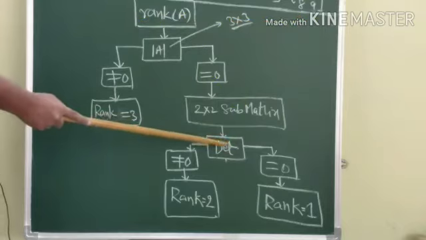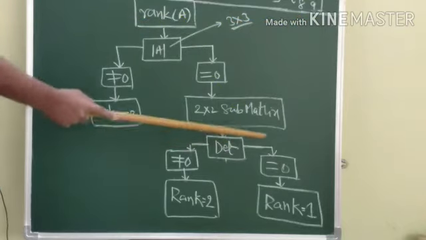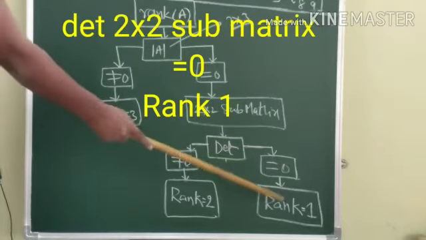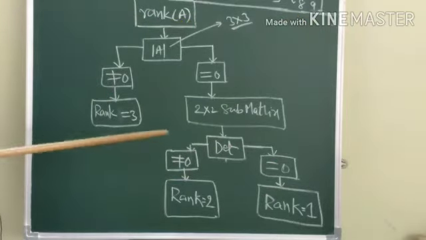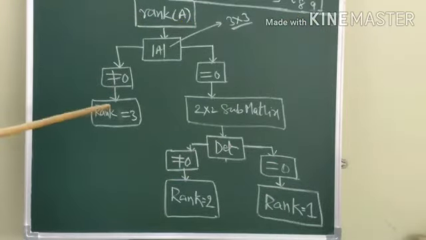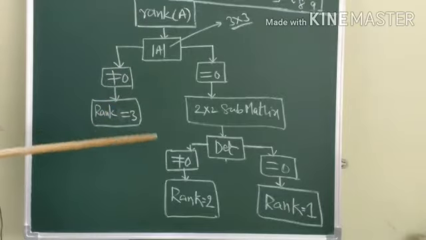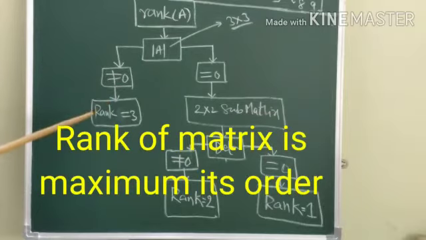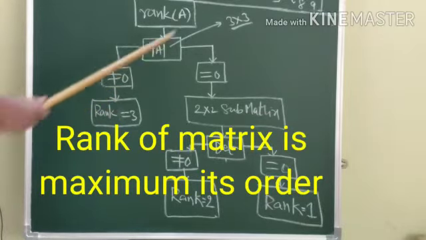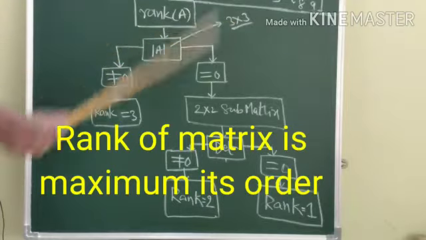Suppose if the determinant of the 2 by 2 submatrix is 0, then what is the rank? 1. So in this way, we can find the rank of the square matrix. Here, rank of the matrix is 3 or 2 or 1. That means rank of the matrix is maximum 3, which is the order of 3 by 3.